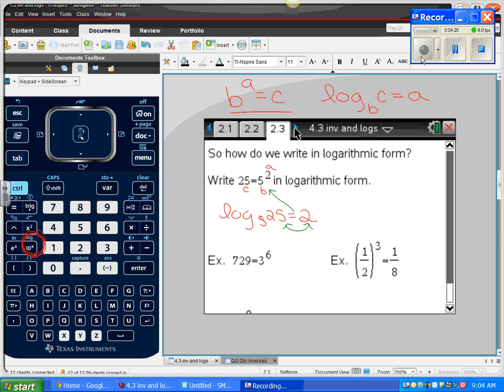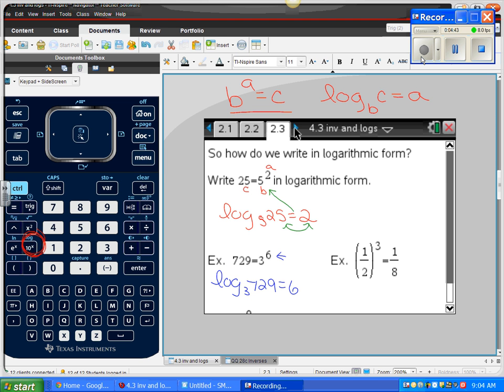Okay, so 729 equals 3 raised to the 6th power. Who wants to give it to me in log form? Thank you. Log base 3 of 729 equals 6.